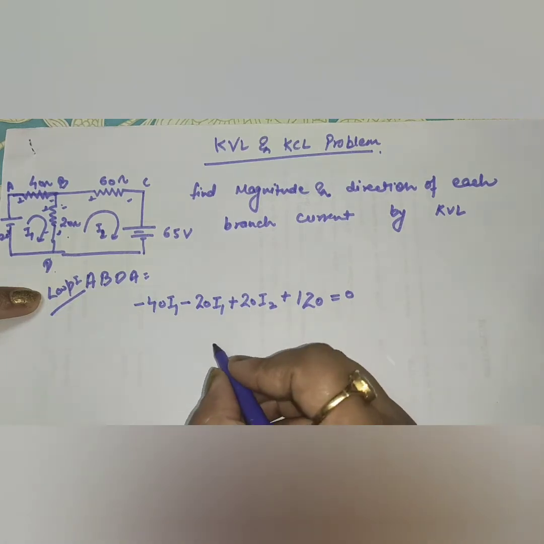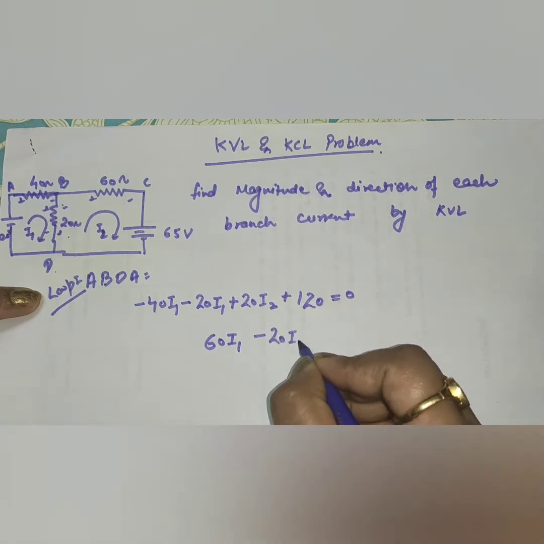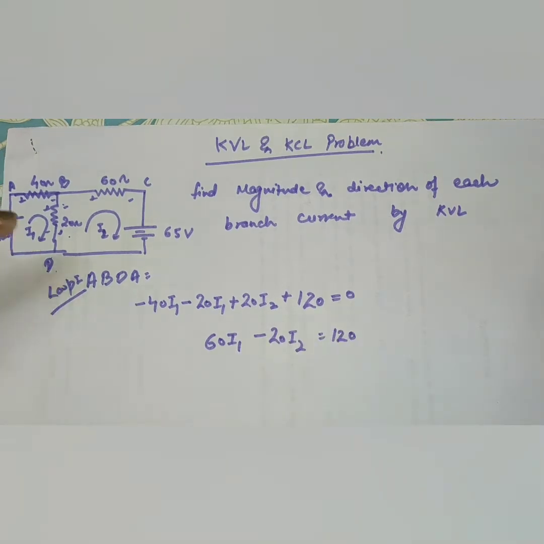If we solve this, we get 60 I1 minus 20 I2 equal to 120.